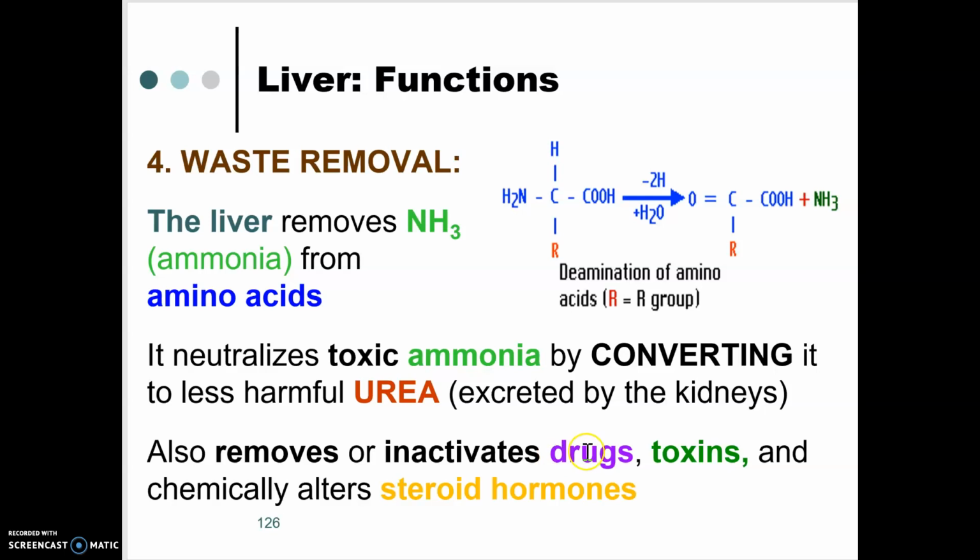So inactivating drugs, breaking down toxins before they cause major issues, those are all super, super important things for the liver. It can also alter steroid hormones, which is something you guys probably would have talked about in the endocrine system unit in our last course.